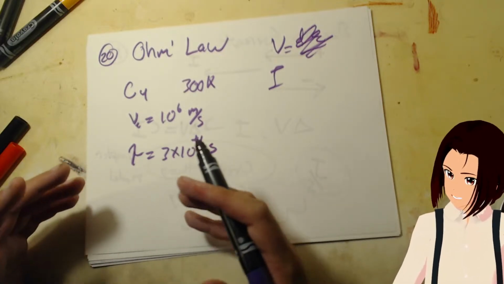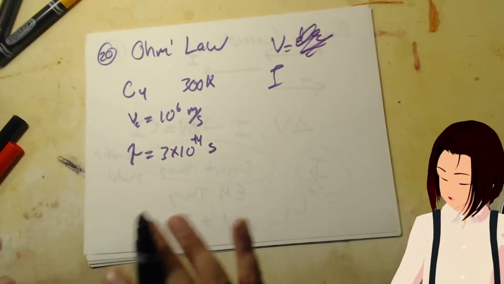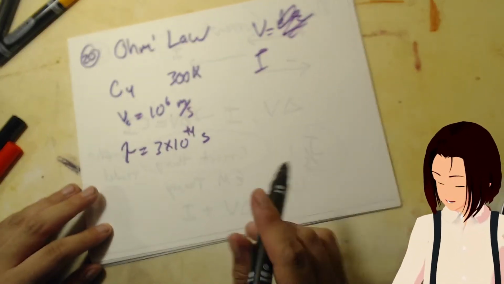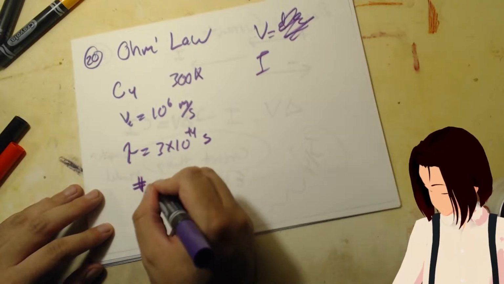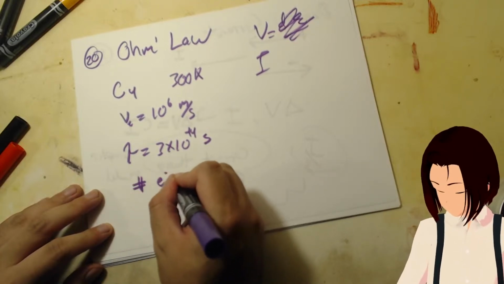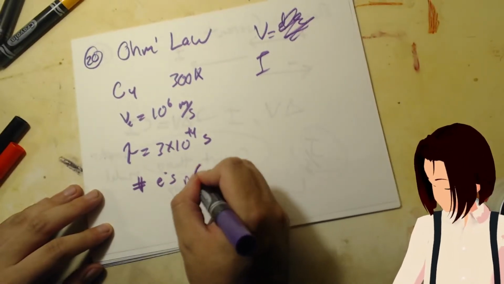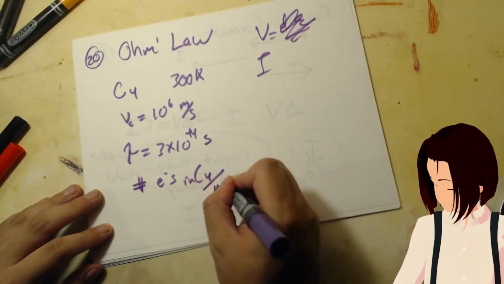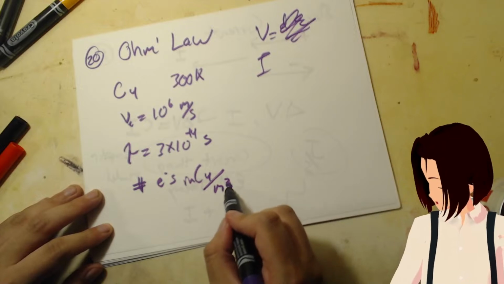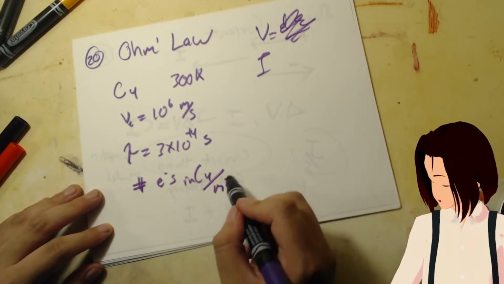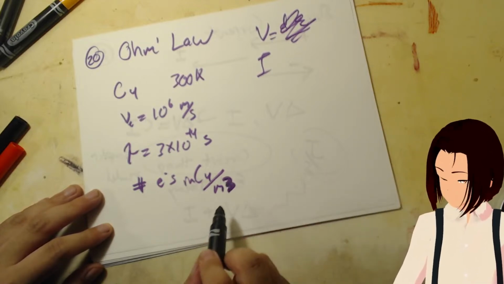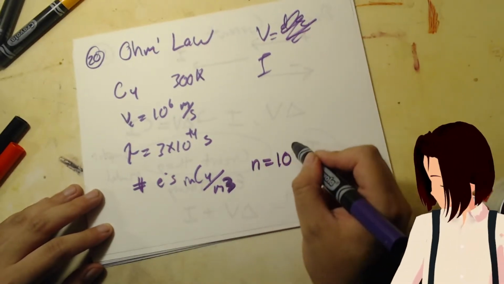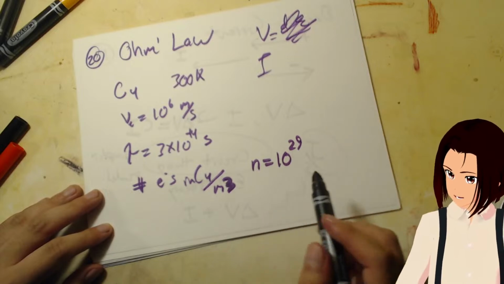The reason it's so small is because the electrons are moving really fast. And the number of free electrons in copper, per volume, per cubic meter, is about 10 to the 29.